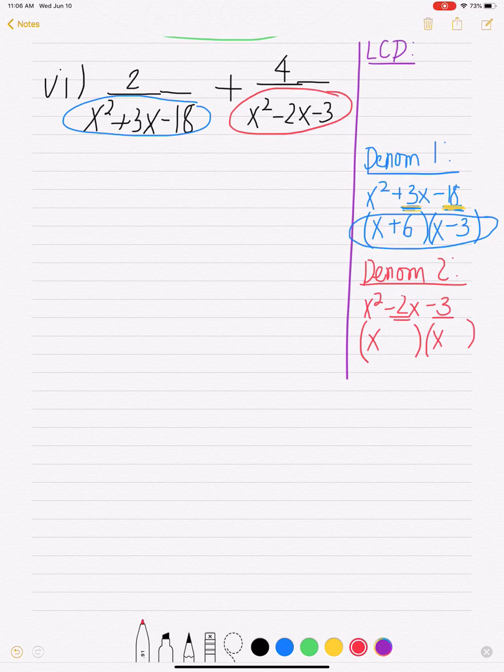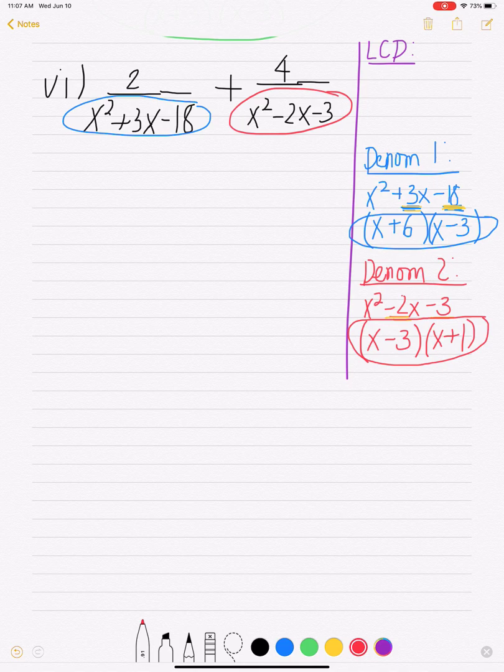Think about that carefully. Well, you can say negative 3, positive 1, right? If I take negative 3 times 1, I'm going to get negative 3. If I take negative 3 plus 1, I'm going to get negative 2. So those are the two primes that make up that polynomial, x minus 3 and x plus 1.